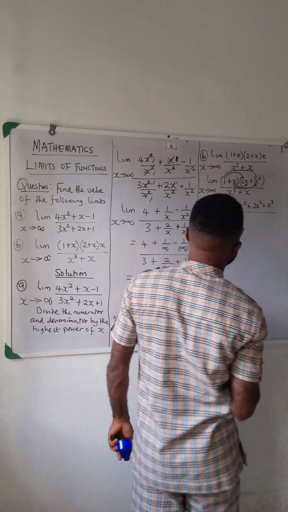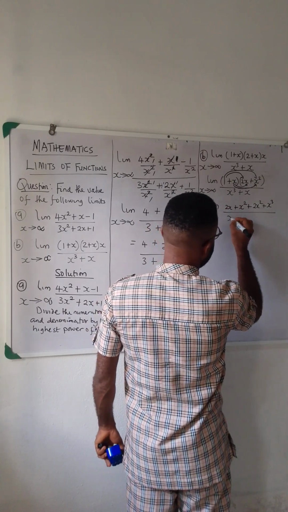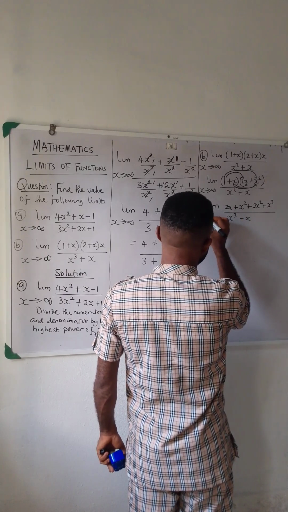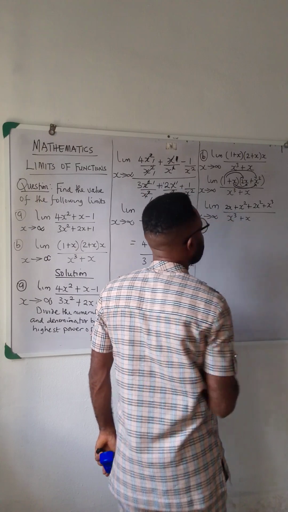So this will be divided by x cubed plus x. Note as x tends to infinity still.